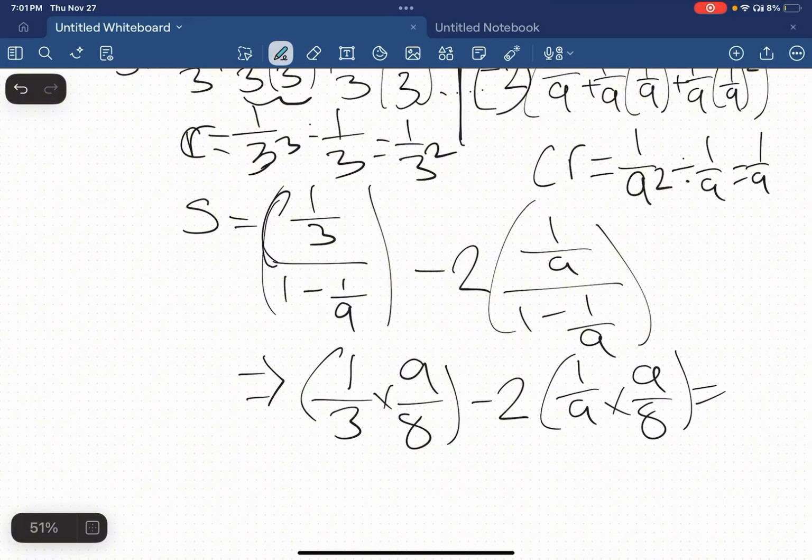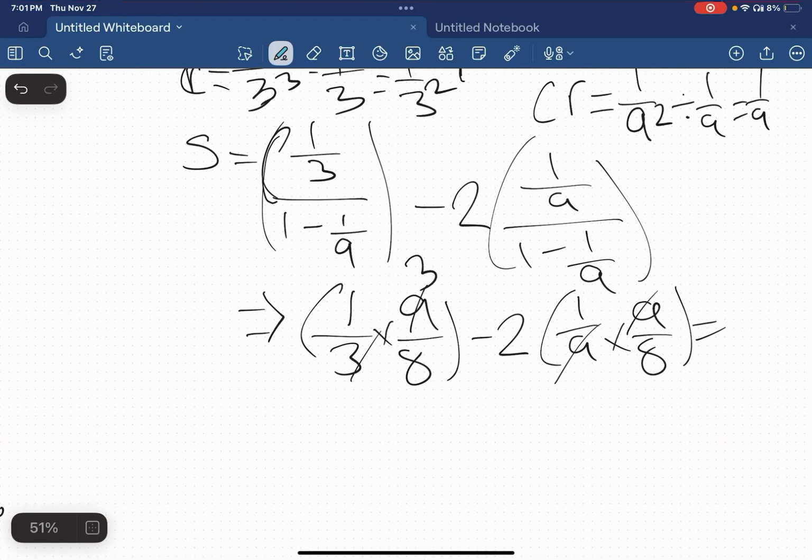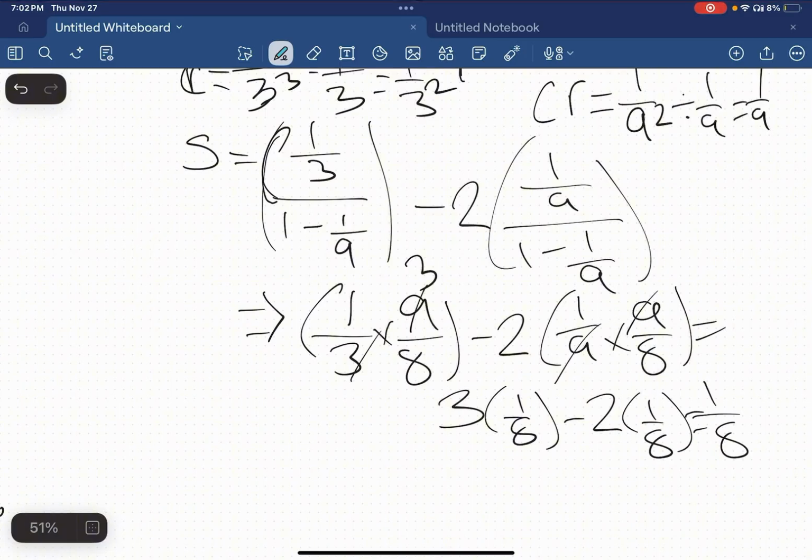And that ends up all canceling out. That cancels out. So you can just make that into 3 times 3. And then that'll cancel out. That'll become 3. So then we're left with 3, 1/8 minus 2, 1/8. And that equals 1/8. So QED.